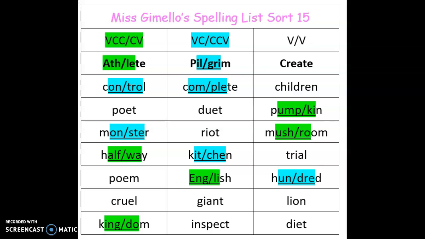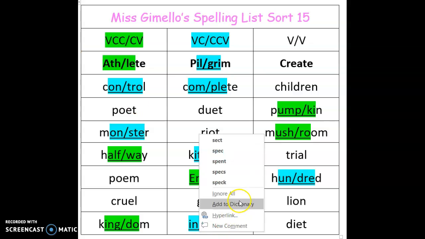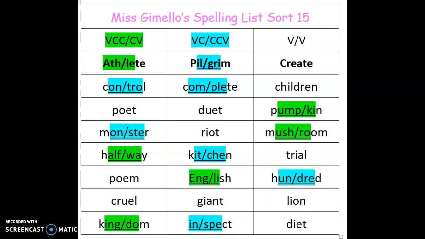We have inspect. Vowel, consonant, break, consonant, consonant, vowel. That fits that pattern. And children.